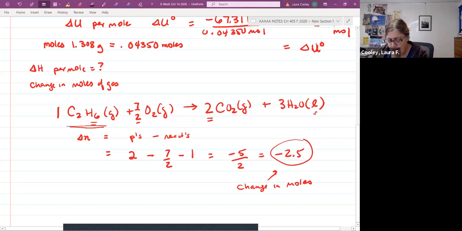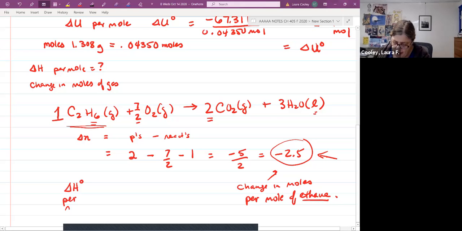Would every reaction of every amount of ethane have the same number of change in moles? I guess what I'm getting at here is it's really the change in moles for a reaction in which 1 mole of ethane reacts. This is actually the change in moles per mole of ethane. So if we're trying to relate the delta H, the per mole delta H, to the per mole delta U, we would use negative 2.5.